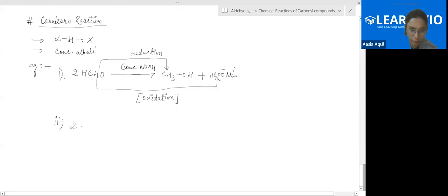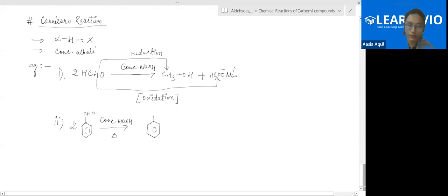Let's take 2 moles of benzaldehyde. So this is benzaldehyde, and we are taking 2 moles and treating it with concentrated sodium hydroxide in the presence of heat. What will you get? Again, do the same thing.